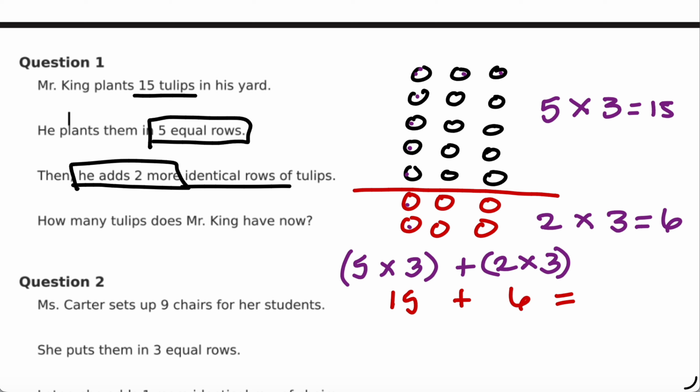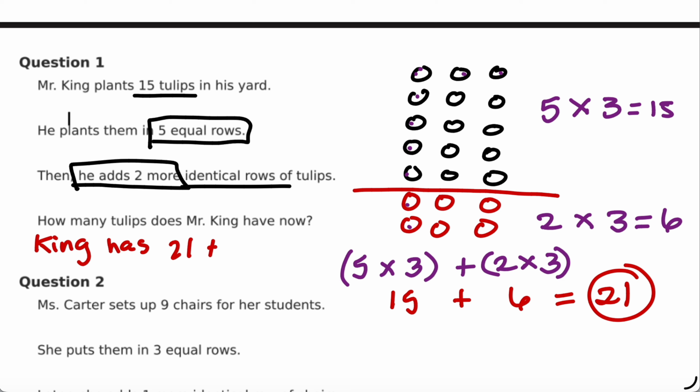So now, the last step that I'm going to do is 15 plus 6, which we know is 16, 17, 18, 19, 20, 21. My answer is 21. So I would say Mr. King has 21 tulips. Okay? So you see how I have my array in my equation?